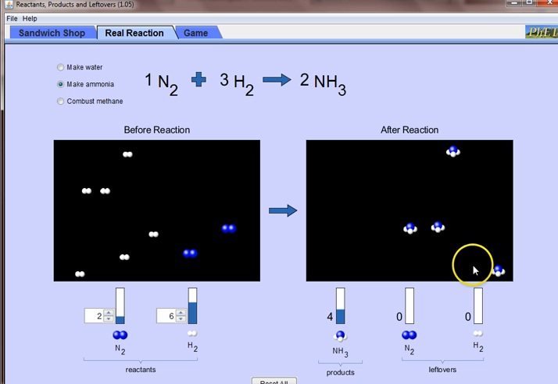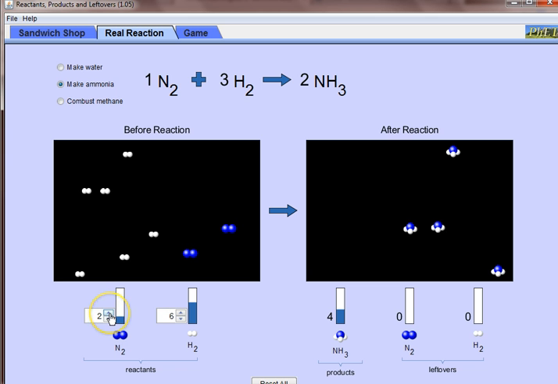They also double. Now you have 4 molecules of ammonia. So what we have done is multiply this entire equation by 2, correct? Now we have 2 nitrogen, 6 hydrogen and 4 ammonia molecules.